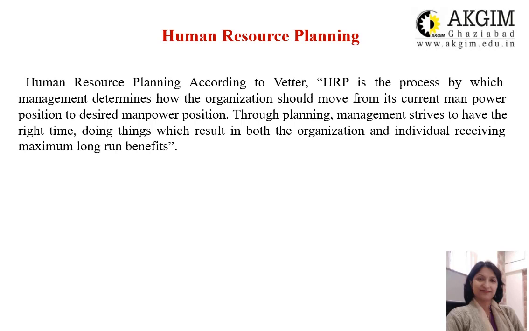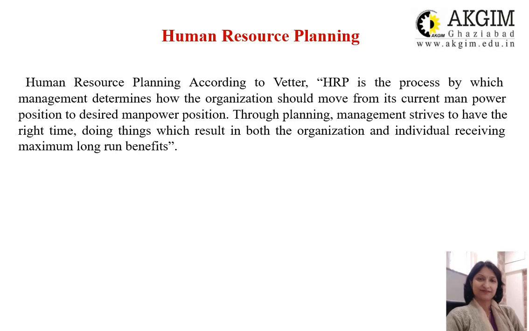Through planning, management strives to have the right people doing the right things at the right time, which results in both the organization and individuals receiving maximum long-run benefits, because your organization might have retirements, layoffs, and turnover. Turnover is something which you cannot stop. When there is turnover, or retirements, or in certain organizations even death, these might disturb your number, the right sizing of the organization. So you need to have human resource planning. We have both hard and soft human resource planning.